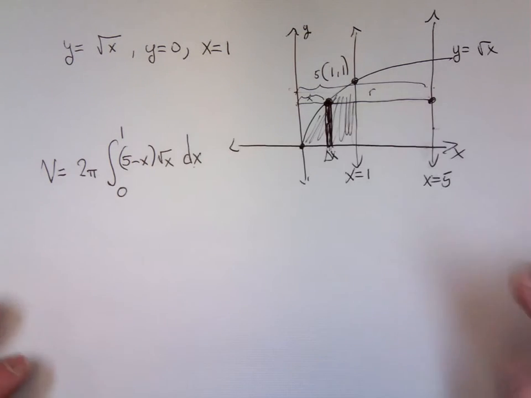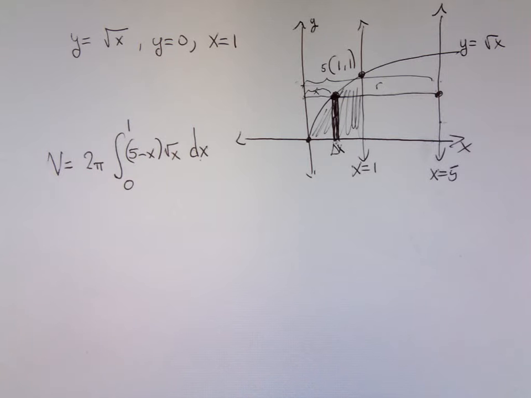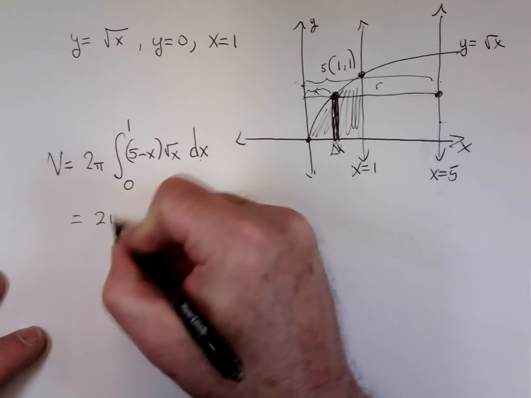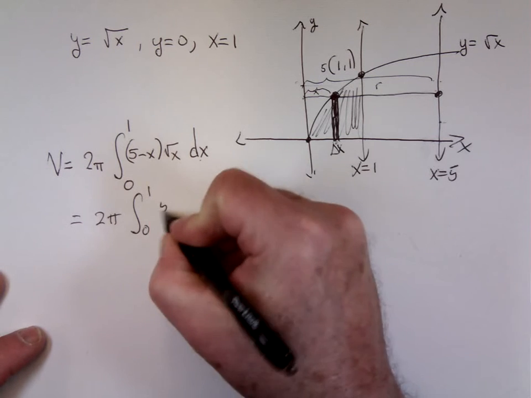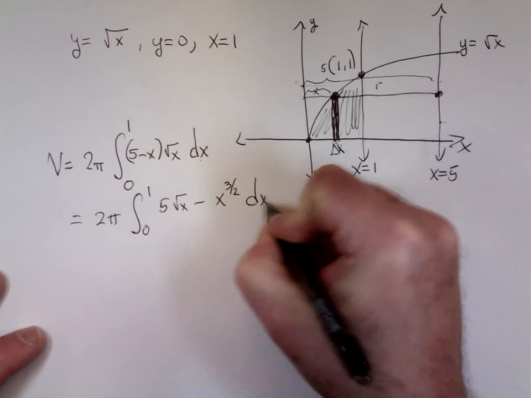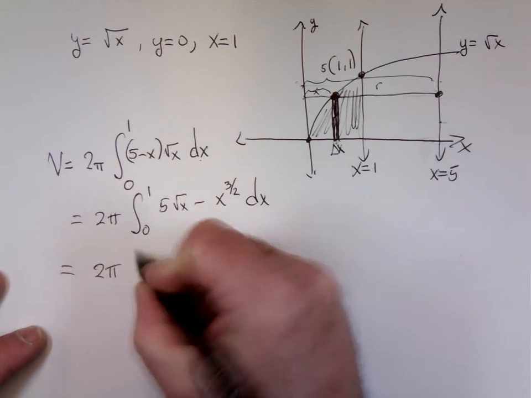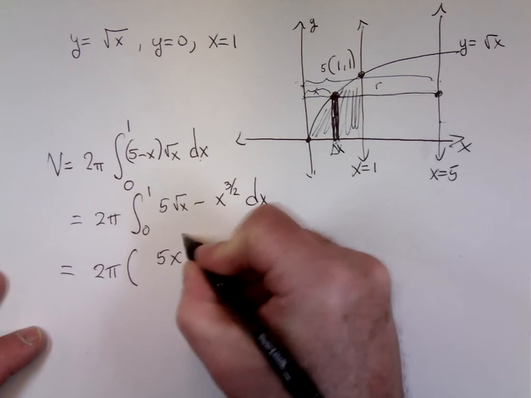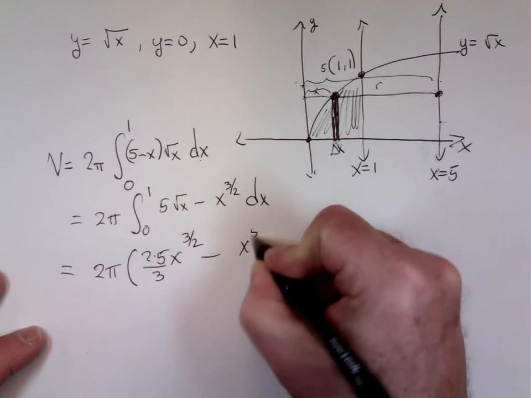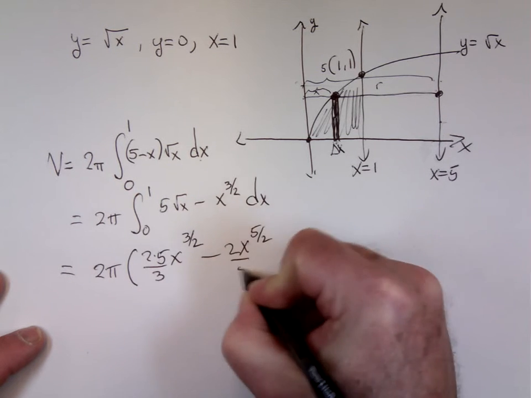Now, again, the integral is not bad. It's just setting up the integral. To do the integral, multiply it out. Integrate it, 5x to the 1/2. Add 1, divide by the new exponent.